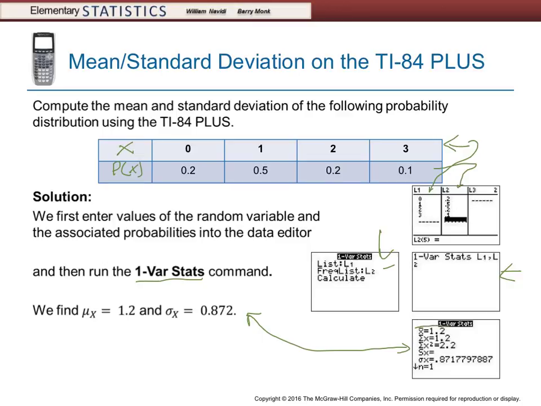We find that x bar, which is mu in this case, is 1.2, and sigma x is equal to 0.872. The calculator does something very interesting in that when it calculates the standard deviation, you will notice that there's no Sx.